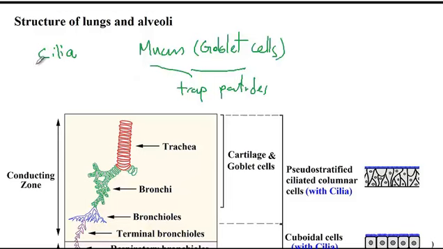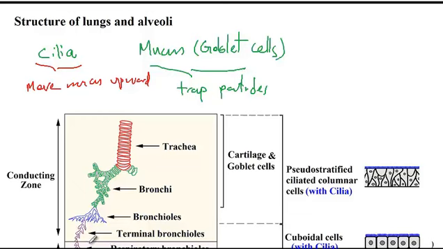On the other hand, the function of cilia is to move the mucus upward towards the pharynx, where we can either swallow it or cough it out. And so therefore these two components of the respiratory tract help prevent the particles from reaching the alveoli.